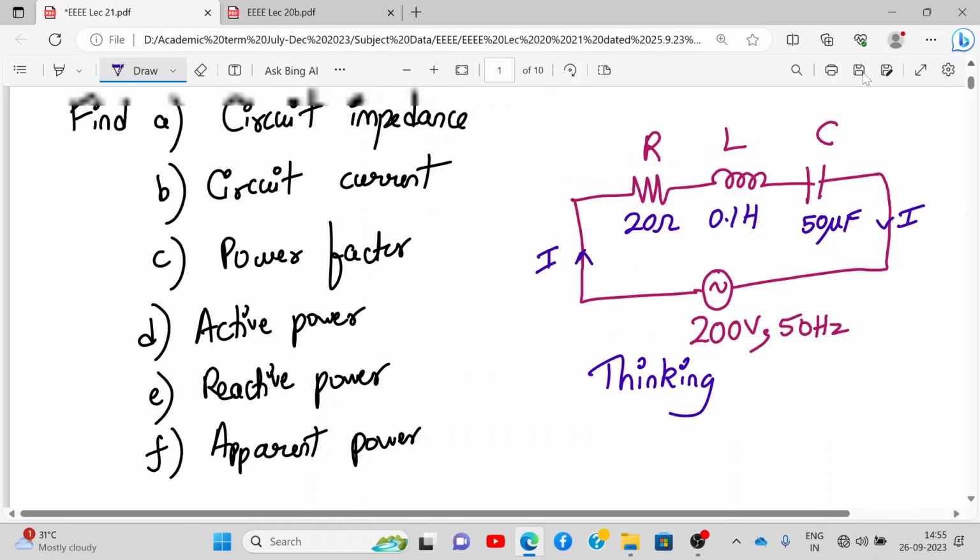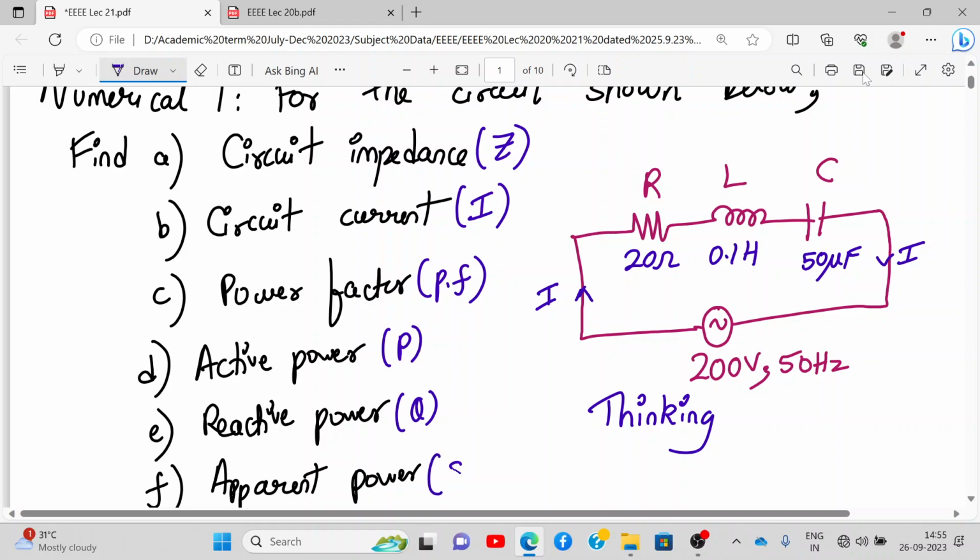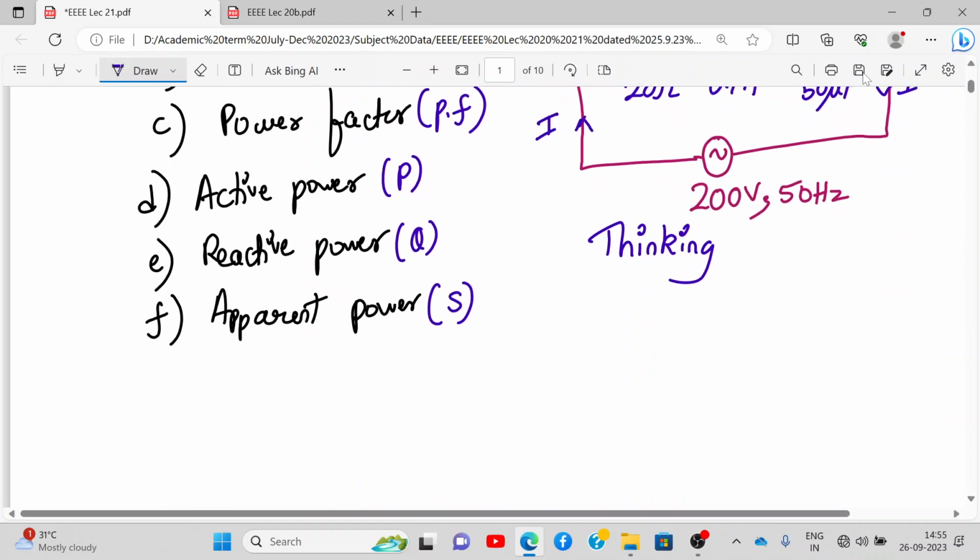So what is supposed to be found out? We are supposed to find out circuit impedance Z, current I, power factor, the active power given by P, reactive power Q, and apparent power S. So what is the thinking process? An RLC circuit is given to you. So find the circuit nature. How will you find the circuit nature? You first find XL. What is XL given by? 2 pi FL.